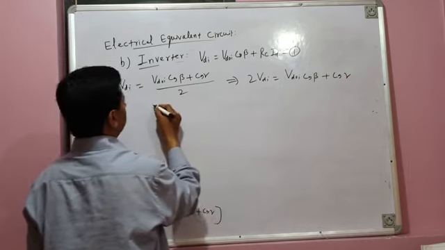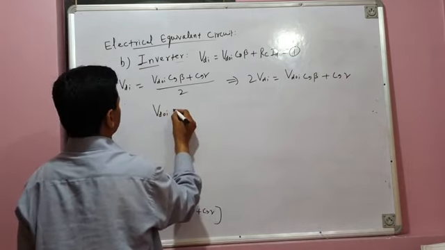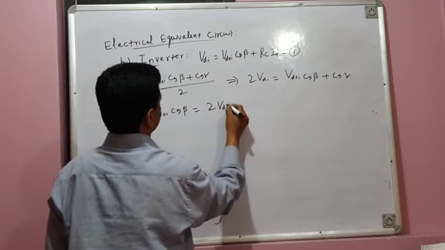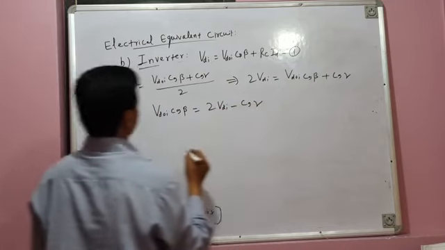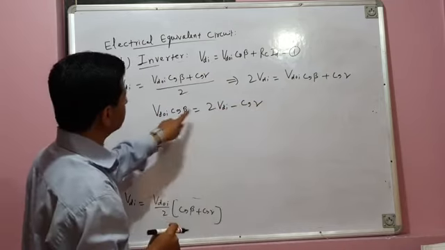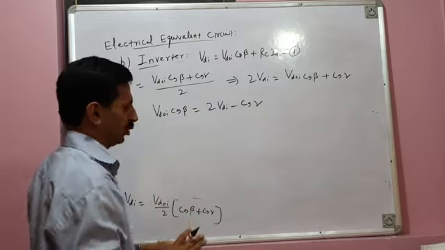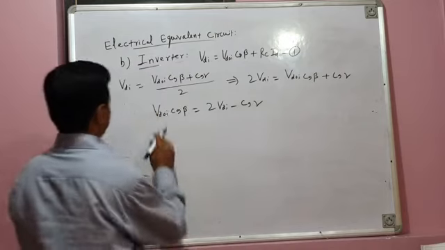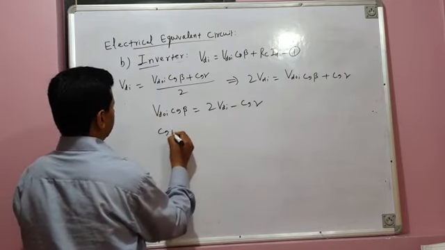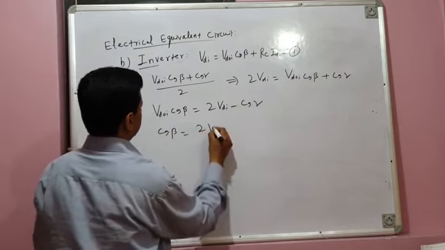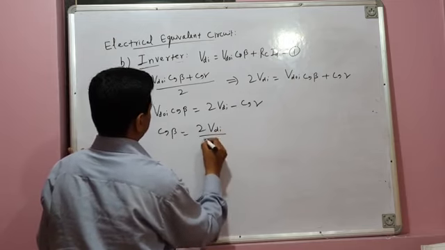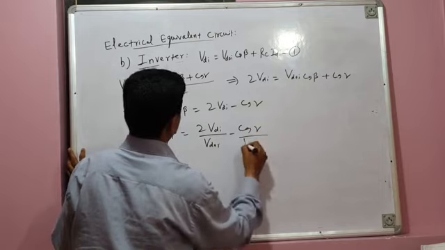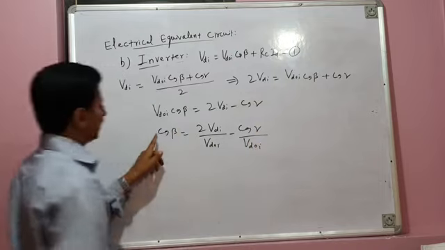So VDOI cos beta is equal to 2 VDI minus VDOI cos gamma. The idea is to replace this beta by gamma, so we are slowly moving towards that. From this I can find cos beta is equal to 2 VDI by VDOI minus cos gamma. So this is my cos beta.